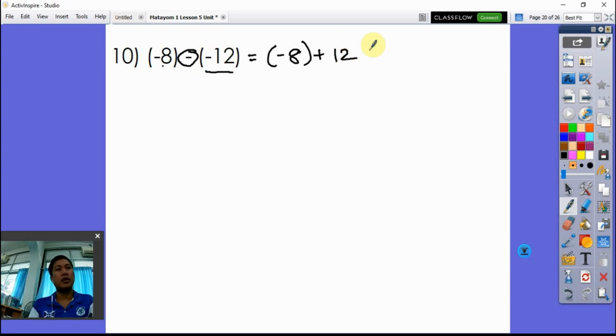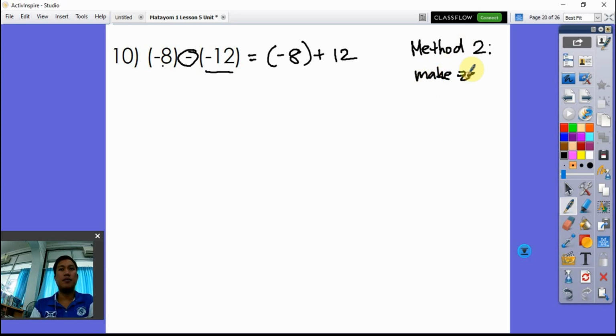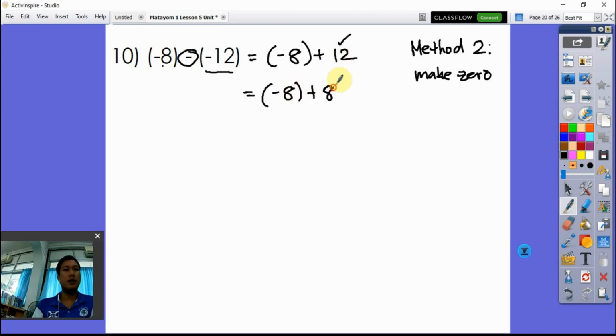Okay, now since both of them have different signs, let's choose method number 2. Method number 2 is make 0. So we look at the larger number. So 12 is the larger number. So we have -8. So we change 12 into the opposite of -8.